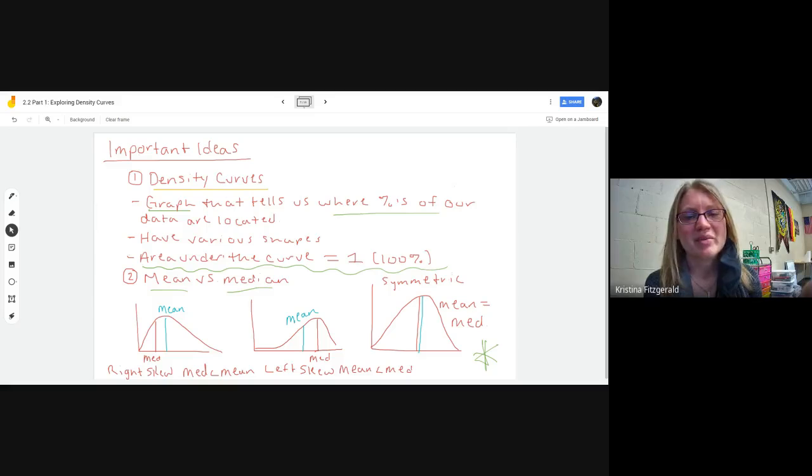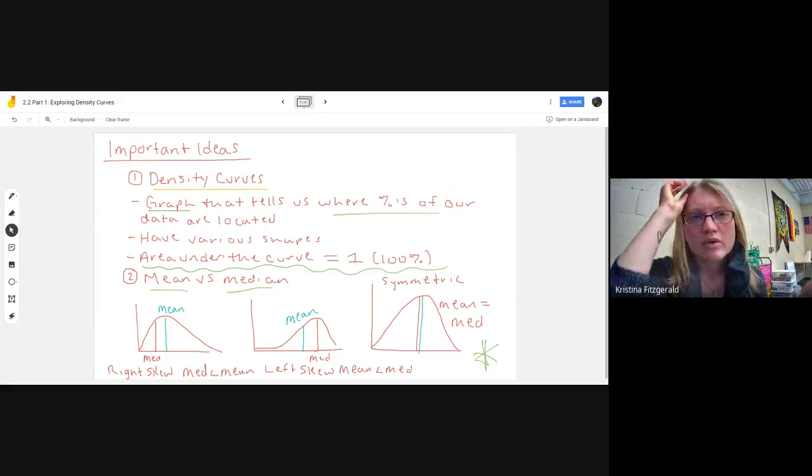The biggest thing we want to remember is that in statistics, when we're looking at any sort of graph or picture of our data, the area under this curve is always 1 or 100%, because it accounts for 100% of our data. So that's the properties of a density curve.